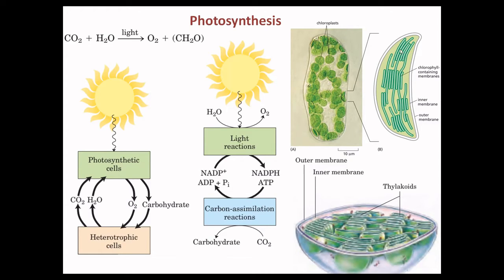In these thylakoid membranes, the electron transport system is present, and the chlorophyll molecule is present that actually absorbs the sunlight and traps the energy in the form of the NADPH and the ATP.